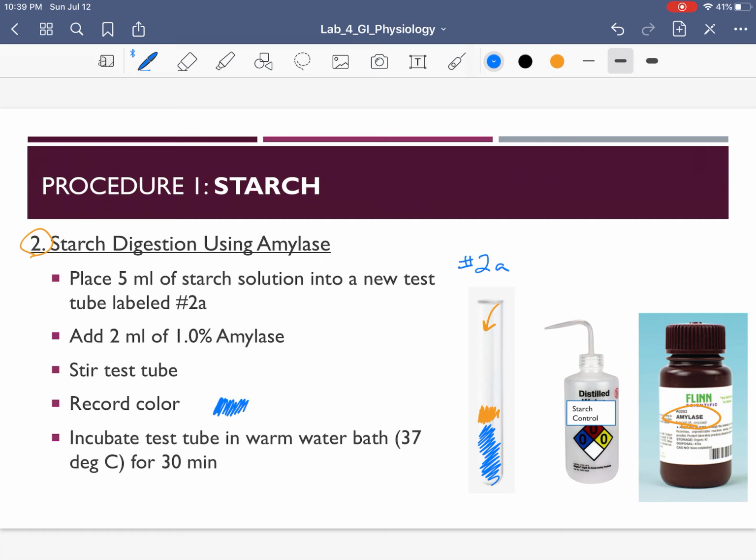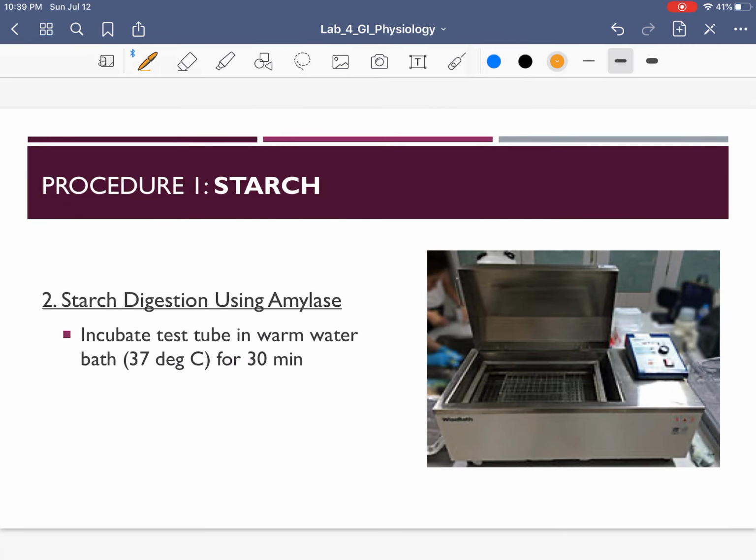Now we're going to take this test tube and put it into a warm water bath. That warm water bath looks something like this. So we would actually take those test tubes and place them right into these little racks. And we can set the dial here, we have it set to 37 degrees Celsius.